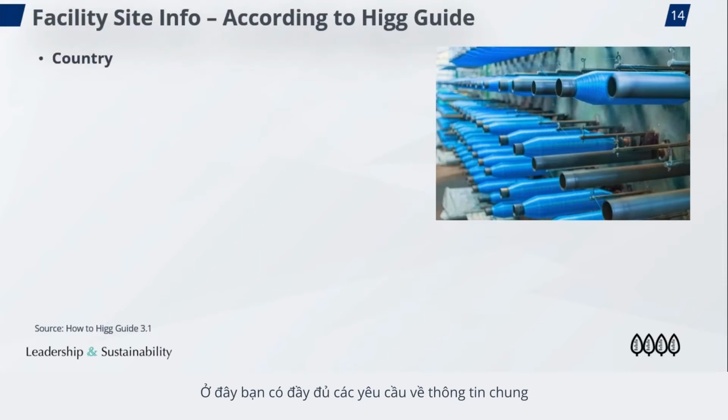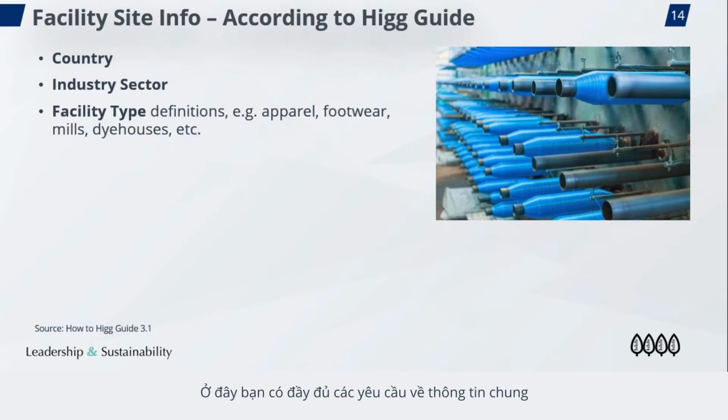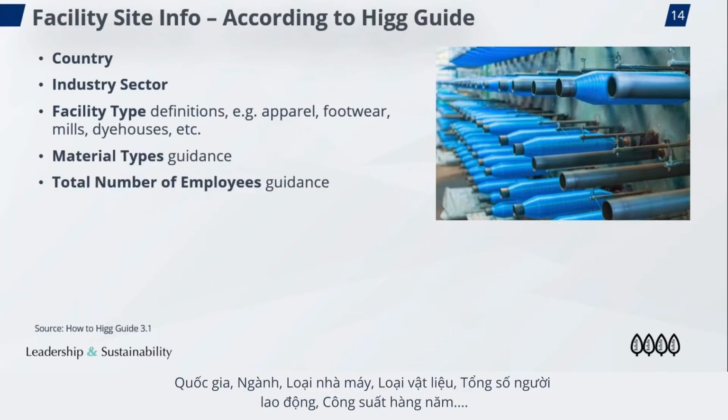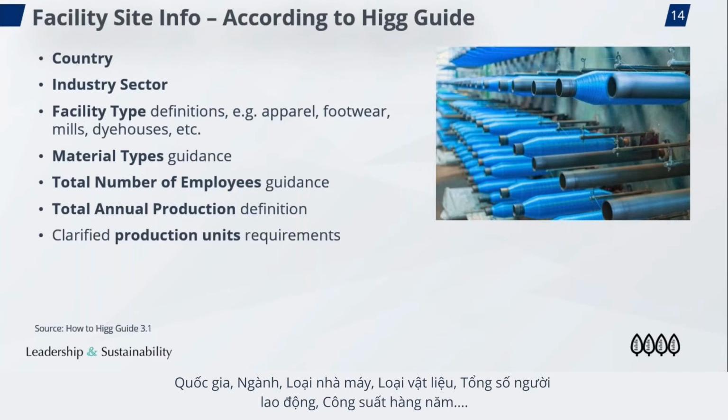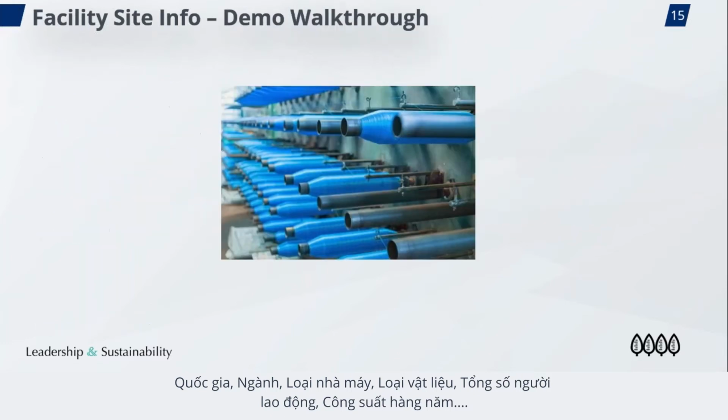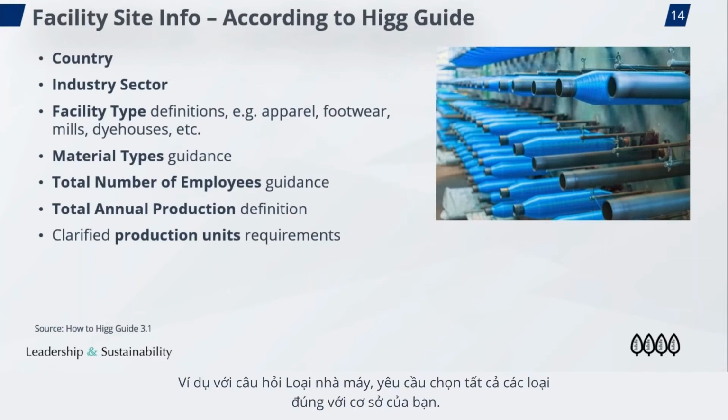Here we have a concrete overview of the information needed to fulfill the requirements. As you see: country, industry, facility type, material types, total number of employees, total annual production. I just want to give an example for facility type. Higg says in here, please select all types that apply to your site.